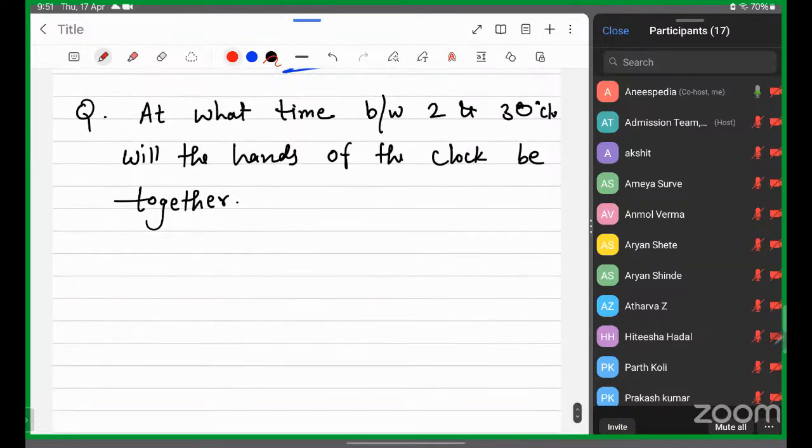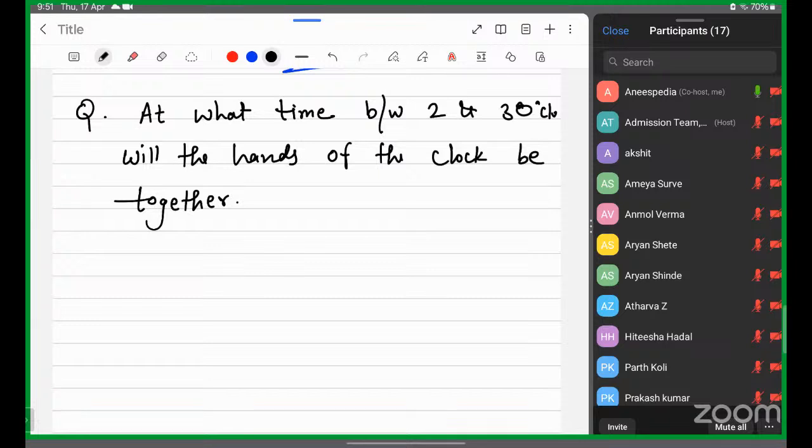So question is, at what time between 2 and 3 o'clock will the hands of the clock be together? So how will you solve it? At 2 o'clock, our hour hand will be at 2, and when it is 3 o'clock, our hour hand will be at 3, which means our hour hand is moving between 2 and 3.